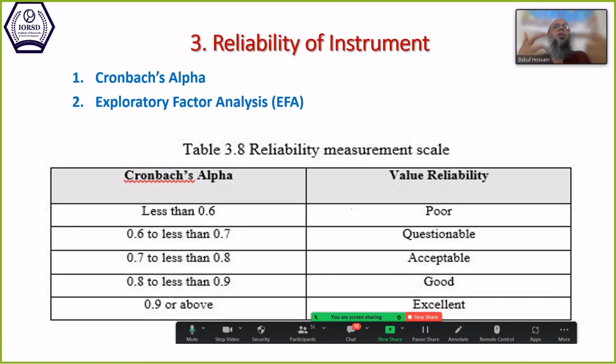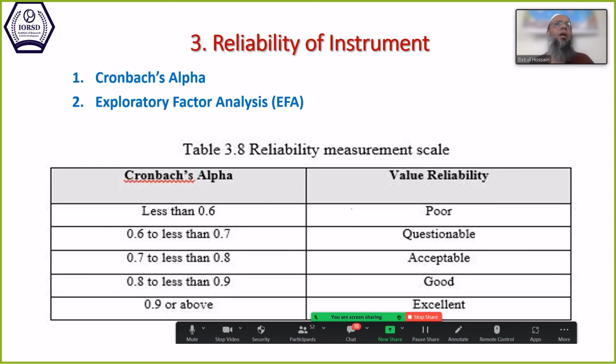Based on their recommendations, when you design the questions and you are satisfied, and your industrial experts, academic experts and language experts are all satisfied, and you yourself are satisfied with the questionnaire, then you will collect the data to observe the reliability, the internal consistency of the items.